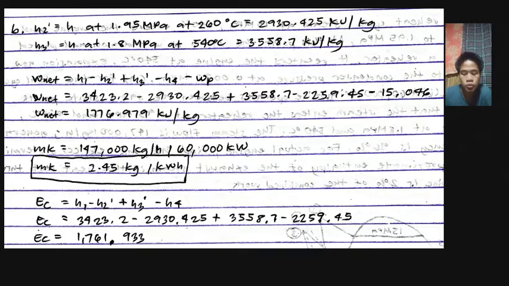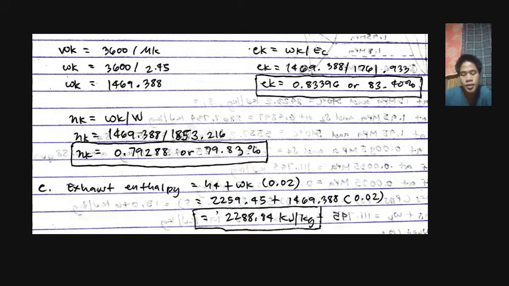3423.2 minus 2930.425 plus 3558.7 minus 2259.45. EC will be 1761.933. Next, getting the answer for WK and CK.